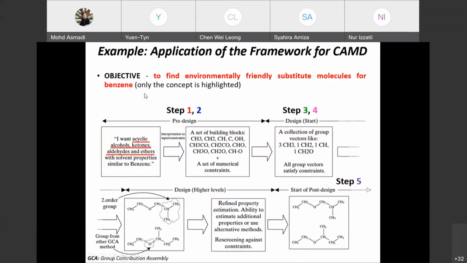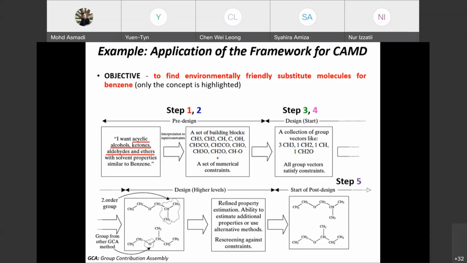Benzene is carcinogenic, toxic to humans and also the environment. So we have to find a substitute that can replace benzene, environmentally friendly. Maybe we can consider the compound.